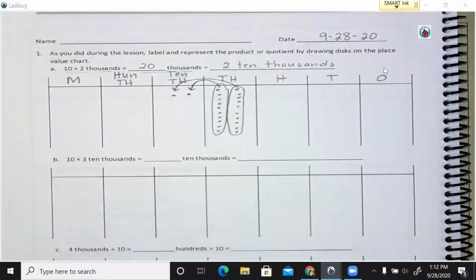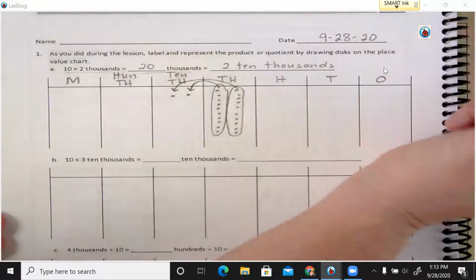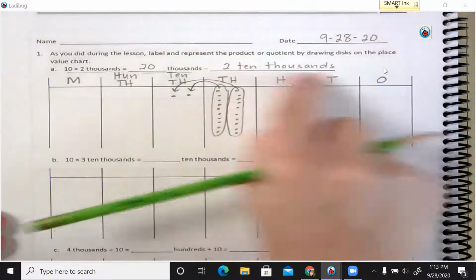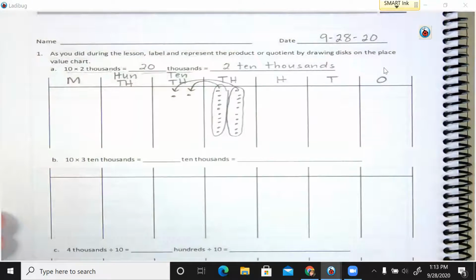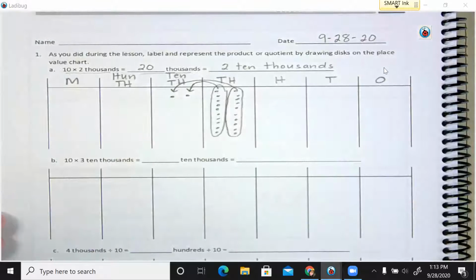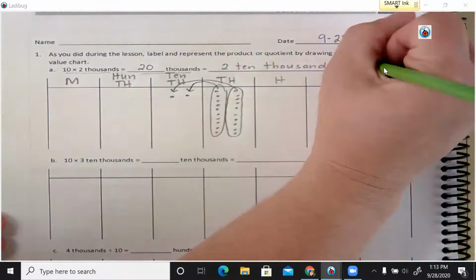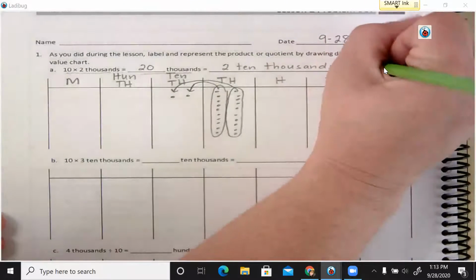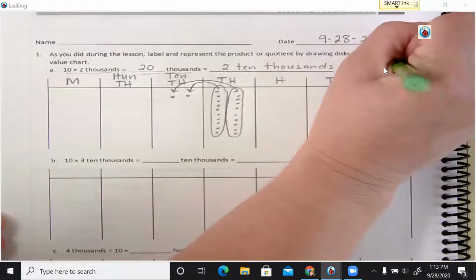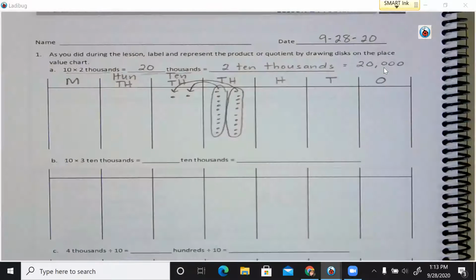That's okay. 2 10,000s. Okay, but if I want you to tell me what number that is. What is 10,000 plus 10,000? How would I write this using digits? 20,000. So you could put another equal sign. This also equals 20,000. So you just wrote that 3 different ways.